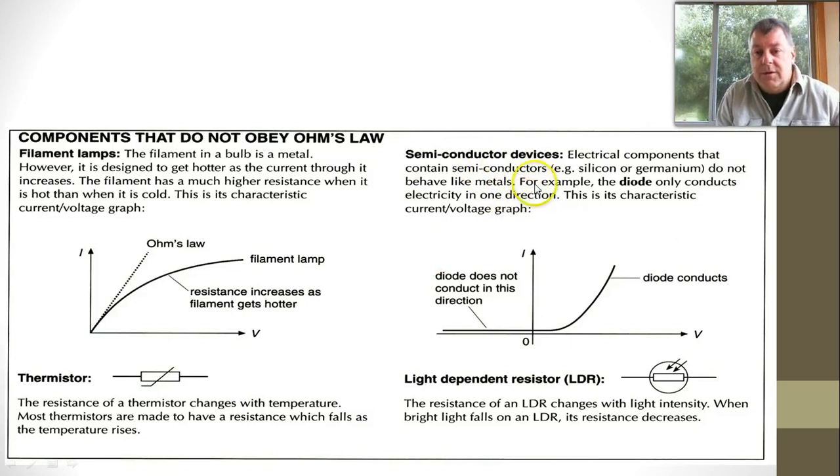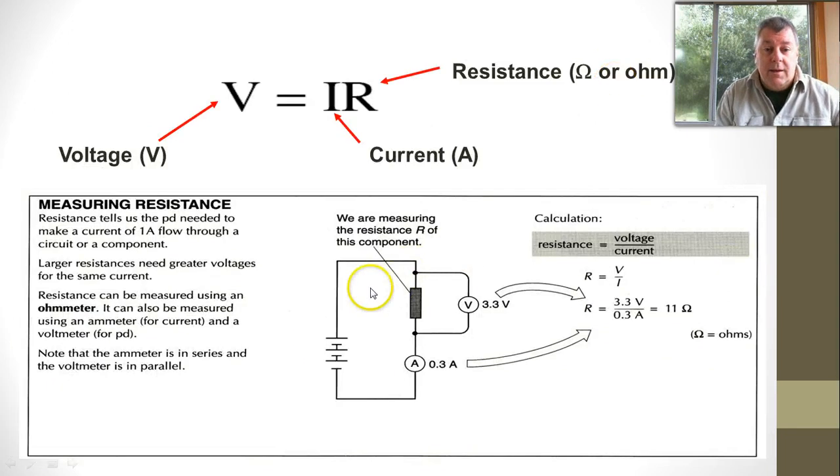And semiconductor devices like diodes also don't obey it, and things called light dependent resistors, but we don't really need to know that. All you need to know is if you plot it on an IV graph and it's not a straight line, it doesn't obey Ohm's law. How's that sound?